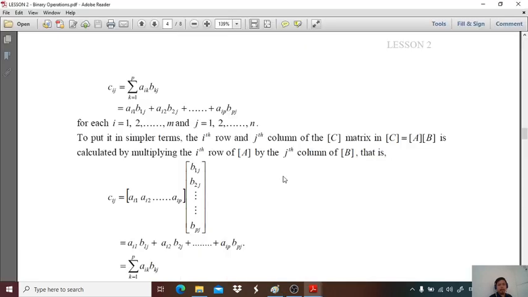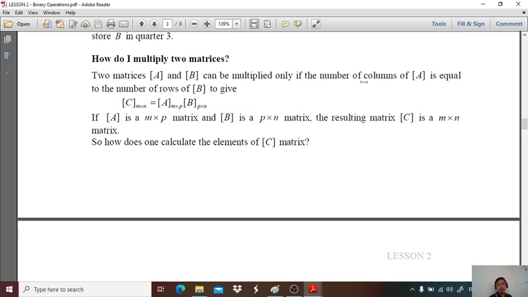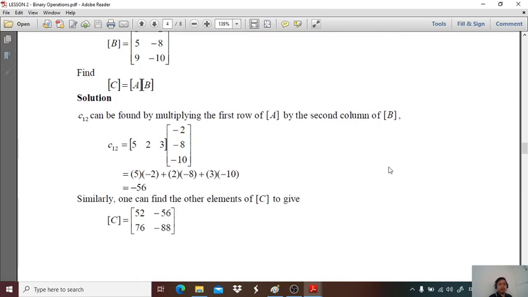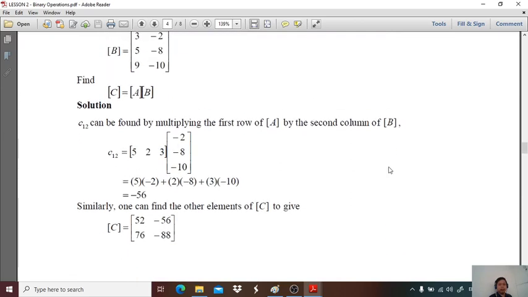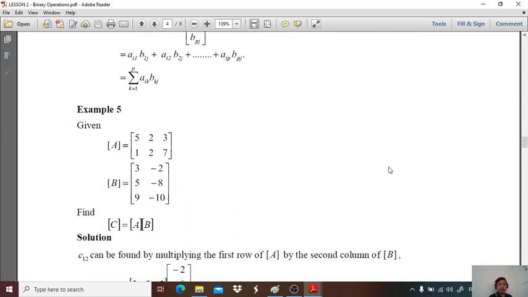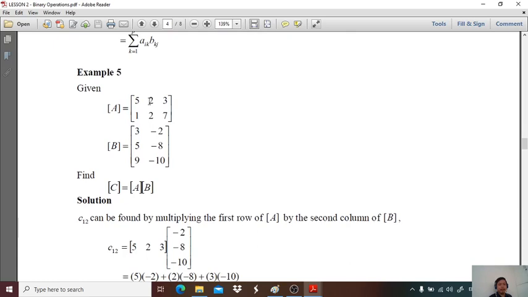The number of columns of A must be equal to the number of rows of B. And the final answer will have the number of rows of A and the number of columns of B. So that is multiplying two matrices. Another example, we have 2 by 3 times 3 by 2. So the final answer will be 2 by 2.